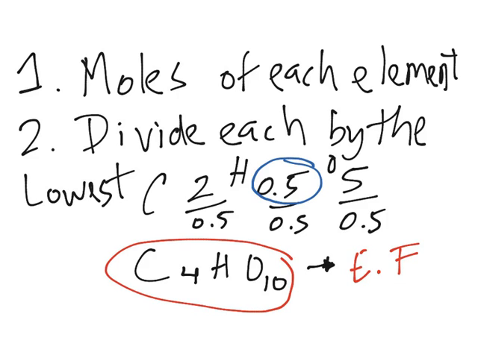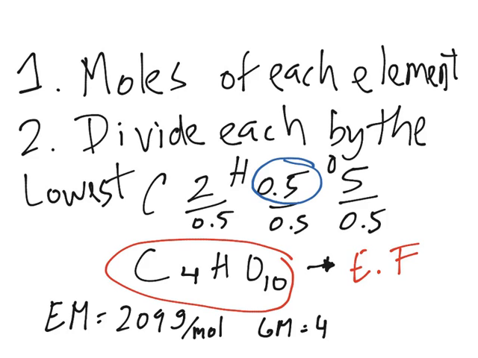To find the empirical mass of something, you will just get its normal molar mass, like you did before. For this one, if I'm not mistaken, the empirical mass is about 209 grams per mole. And let's say, for the sake of the problem, that the given molar mass at the beginning of the problem was 418.